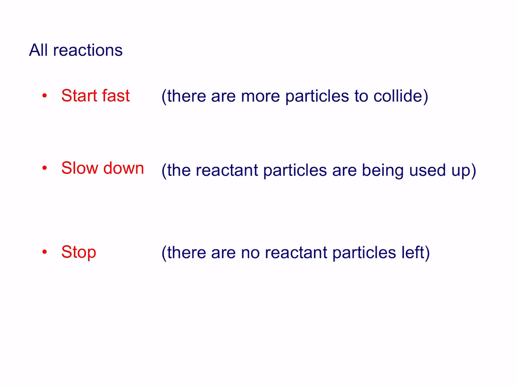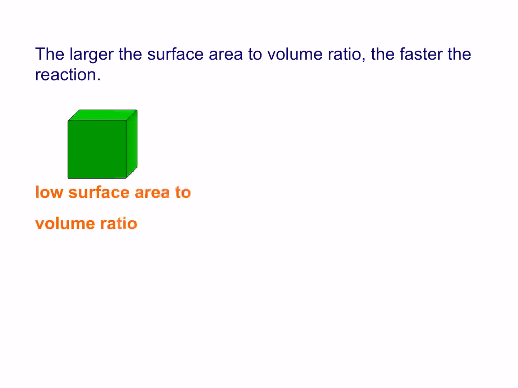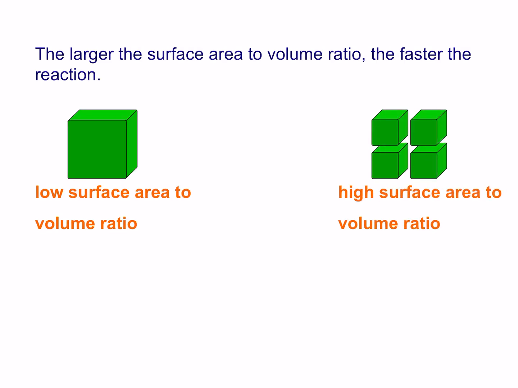So we jump first of all into surface area, or surface area to volume ratio. We said the larger the surface area to volume ratio, the faster the reaction. The diagram: with a high surface area to volume ratio, the pieces are smaller. So if we had a solid, if we crushed it up, we'd have a higher surface area to volume ratio.